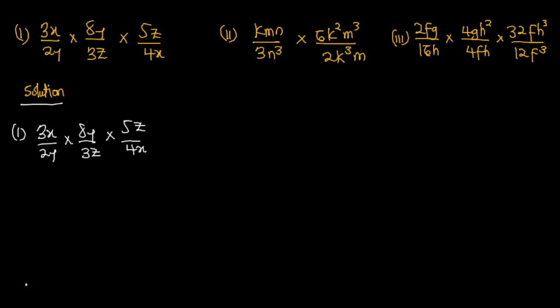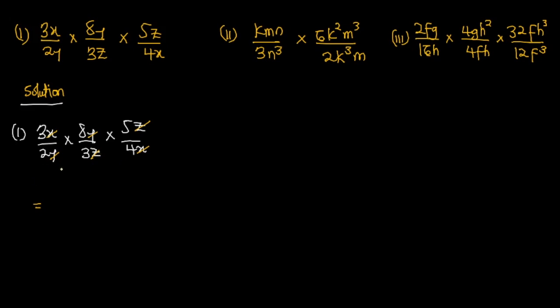We can cancel them out and have our expression easier for us to simplify. So I can cancel y with the y at the top over here. I can cancel the z at the bottom with the z at the top here. I can cancel the x here with the x here. So straight ahead from the beginning, I've cancelled all the variables. So I'm left with 3 multiplied by 8 multiplied by 5 on 2 multiplied by 3 multiplied by 4.